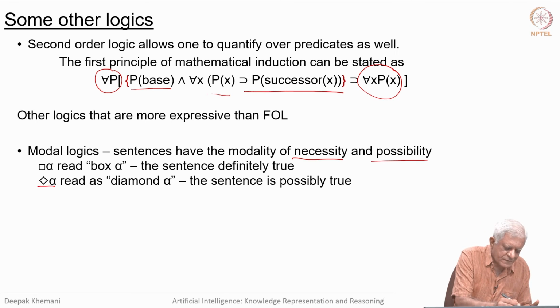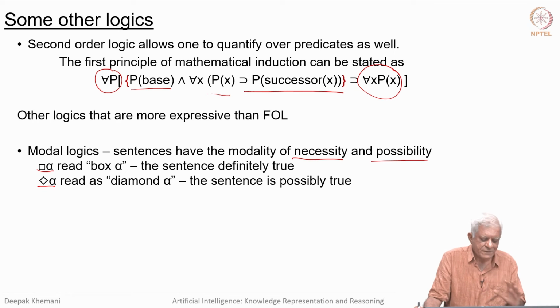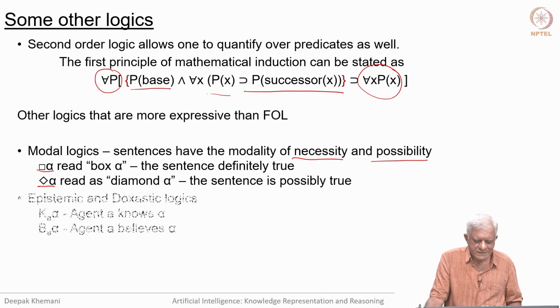So, here is diamond alpha and here is box alpha. Diamond alpha says the sentence is possibly true. Truth values are still two valued, either you are true or you are not true. What this says is that the sentence may be true, we are not definite that it is true essentially.